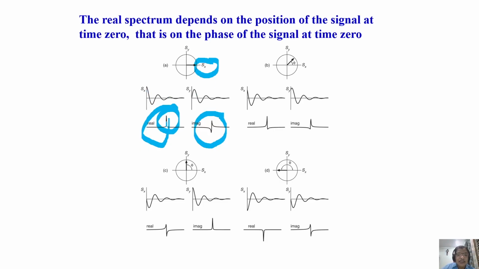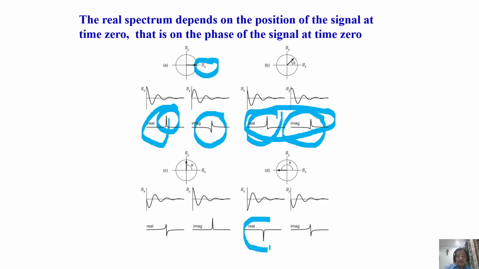In case the signal is not along the x-axis, and it is somewhere at a different place, then what happens? There is a mixture of phases here. The real component is not pure absorptive and the imaginary part is not pure dispersive. You get a mixture of phases in the spectrum. I showed what happens with the magnetization along the y-axis or the minus x-axis.